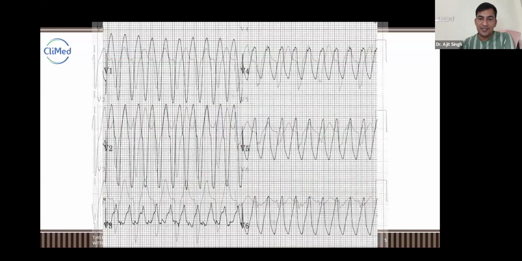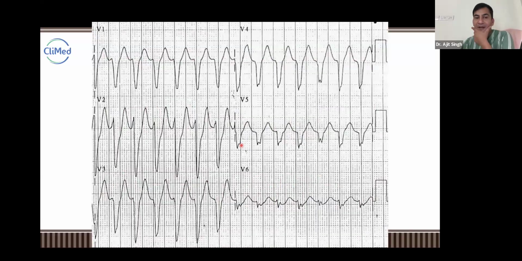Okay, then what is this? Where is the T, sir? Ah, T is there. This is T only. This wave is the T wave. Guys, tell me what is this?